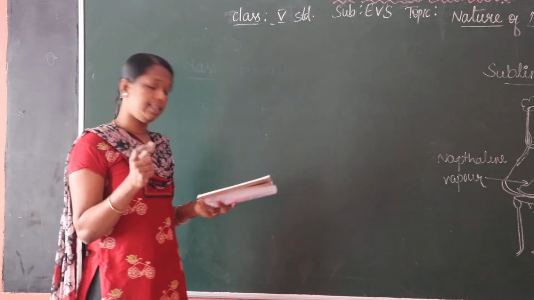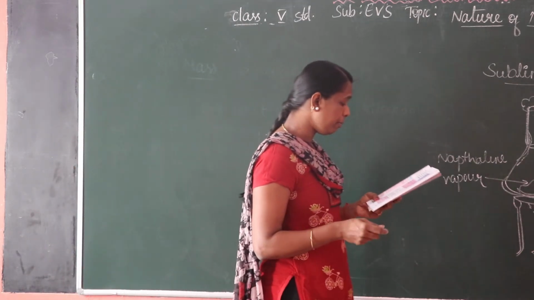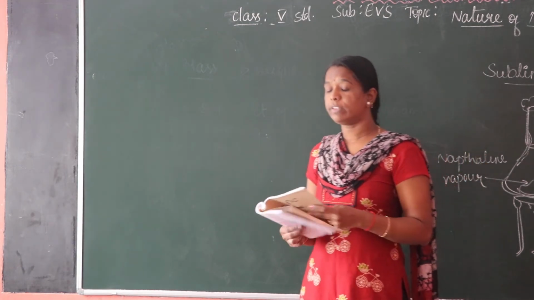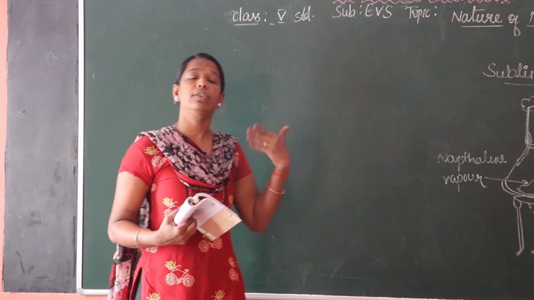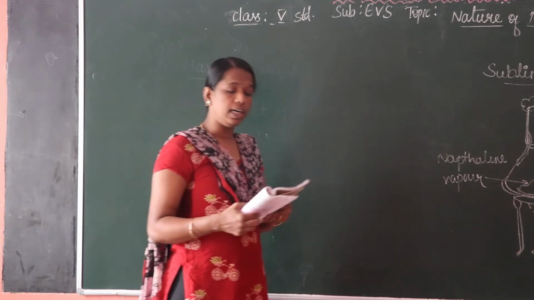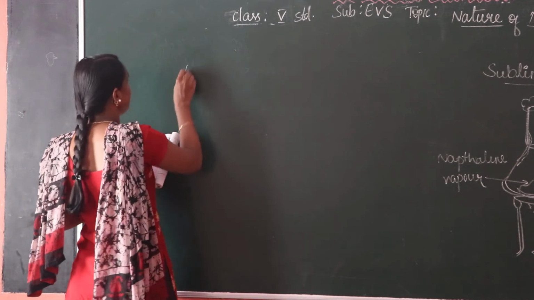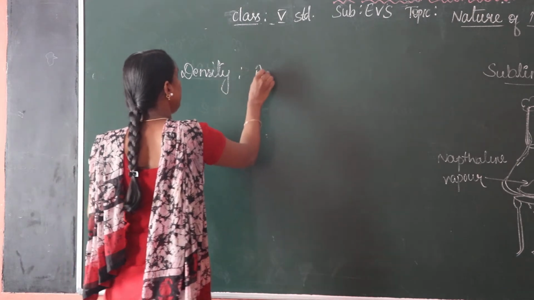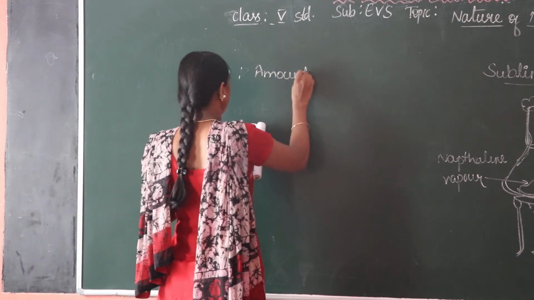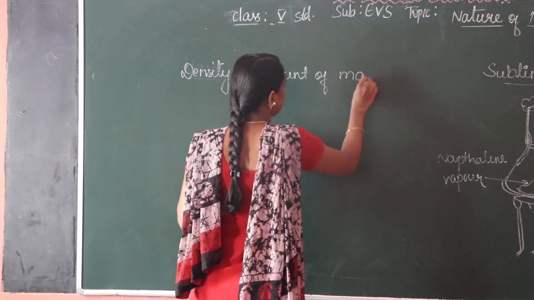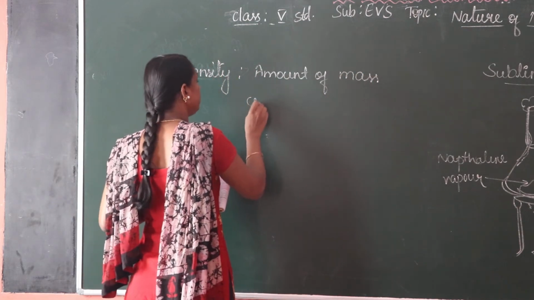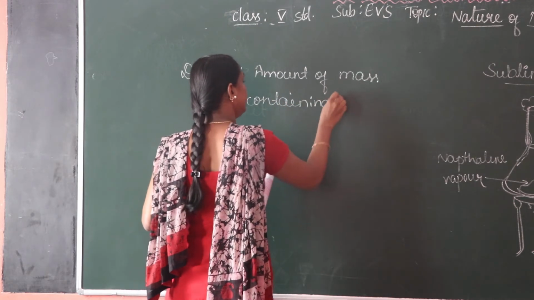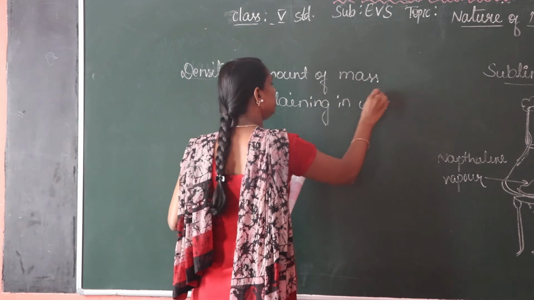When objects of the same size are weighed, one may weigh more and another may weigh less. So here density is the amount of mass contained in unit volume.